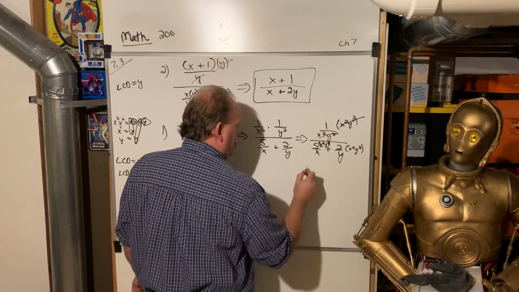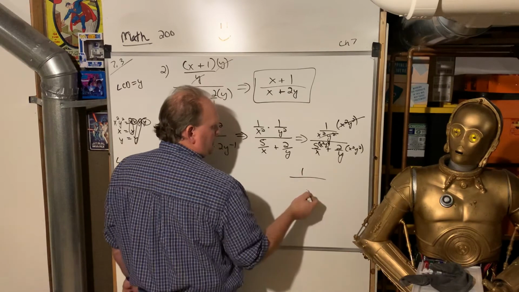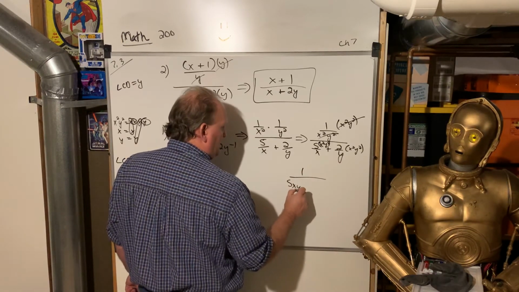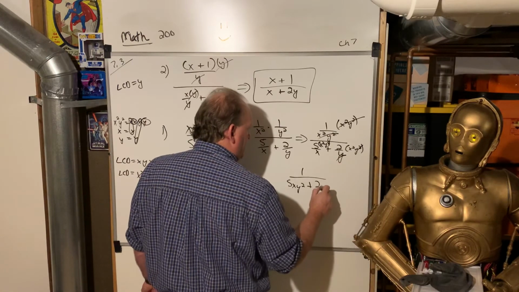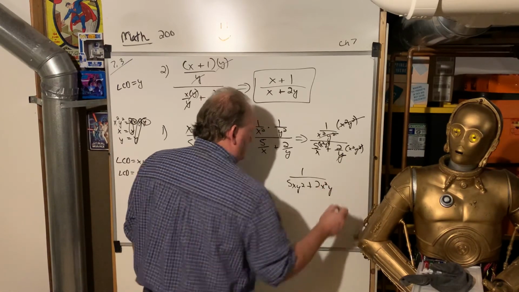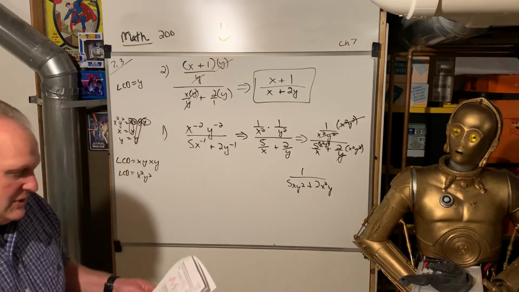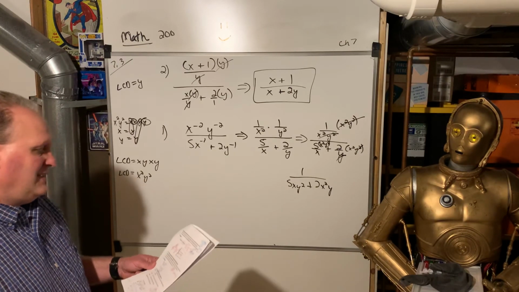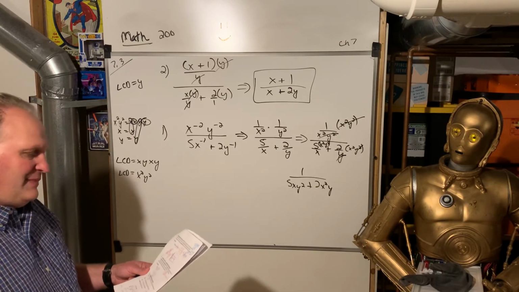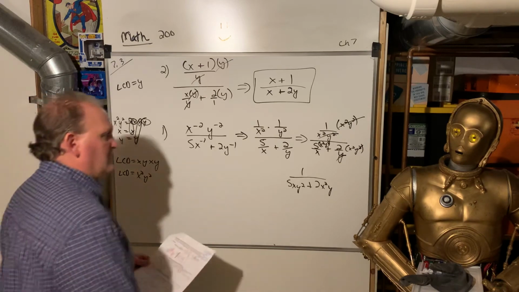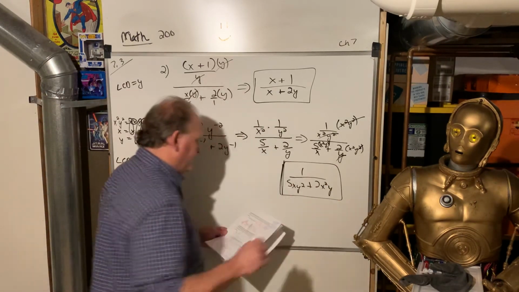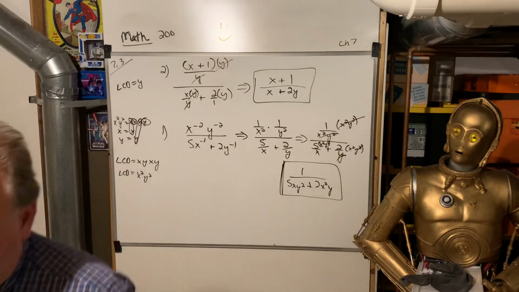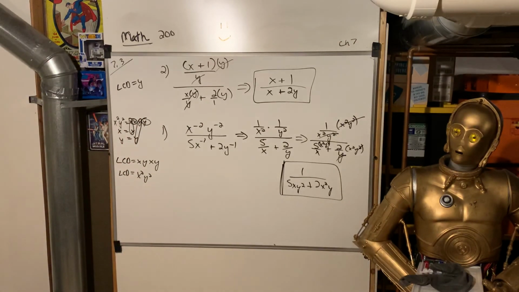Everything cancels there, I get 1. Here, 5xy squared, here, 2x squared y. And again, if you want to, you could factor out an x, y, but it's not going to change. Nothing will cancel with the 1. So you can just leave it like that. That's fine. And that is it for 7.3.